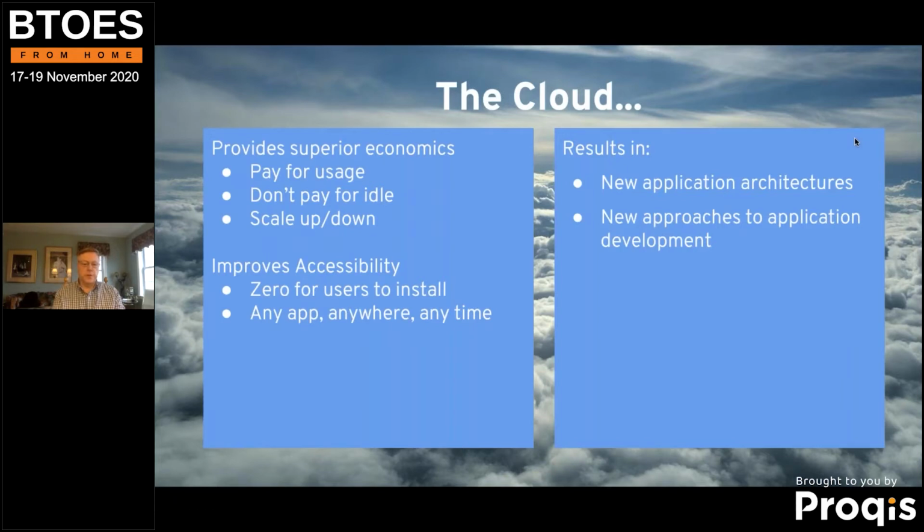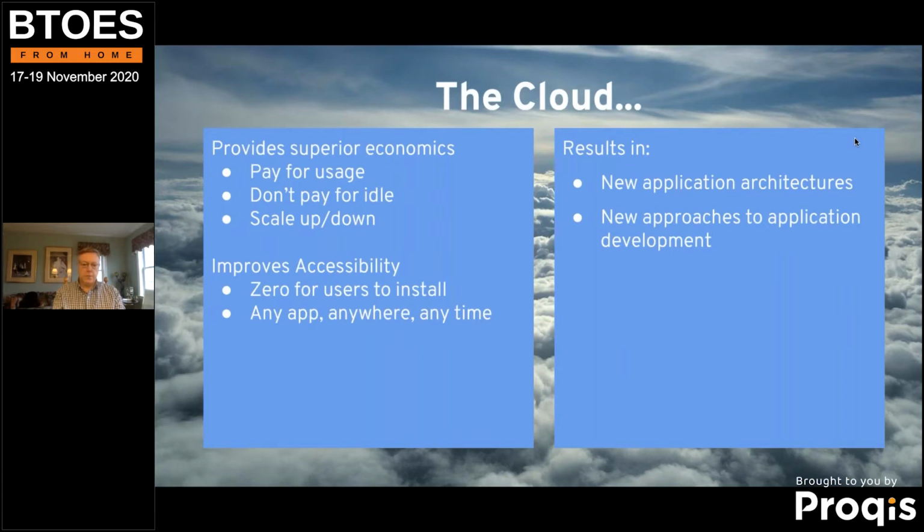But there are some significant implications of moving workloads to the cloud. Essentially, what we learned is that you can't just take a system that's running in your data center and plonk it in the cloud and expect it to work exactly the same way. The cloud really encourages new application architectures, new ways of putting together applications that work effectively and scale well in the cloud environment.